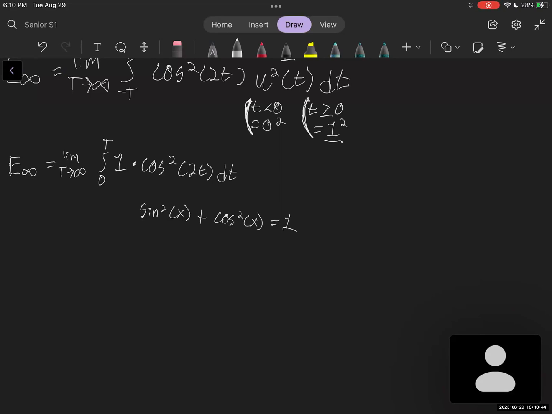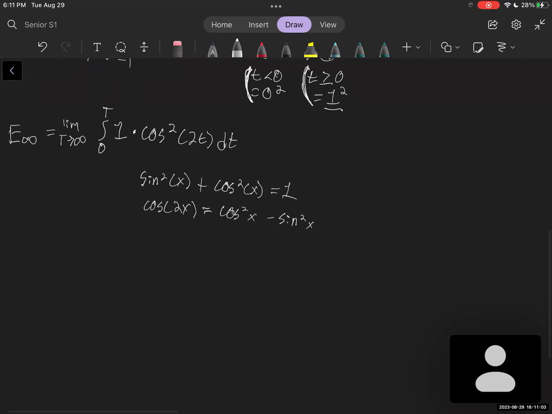And we know that cosine of 2x is going to be equal to cosine squared minus sine squared. And we can rewrite this to find a form of cosine squared of 2t that is easier for us to solve in this integral.